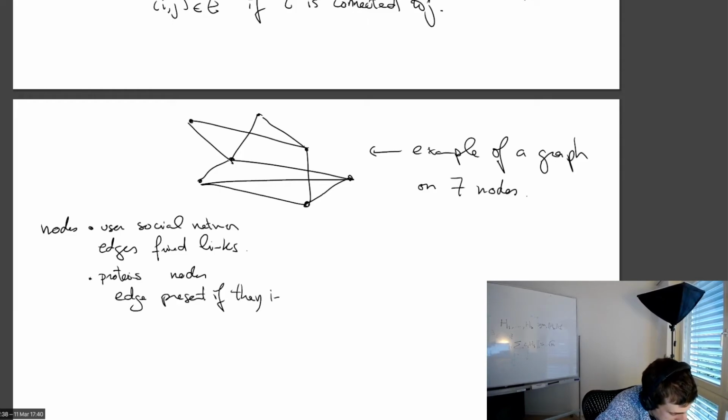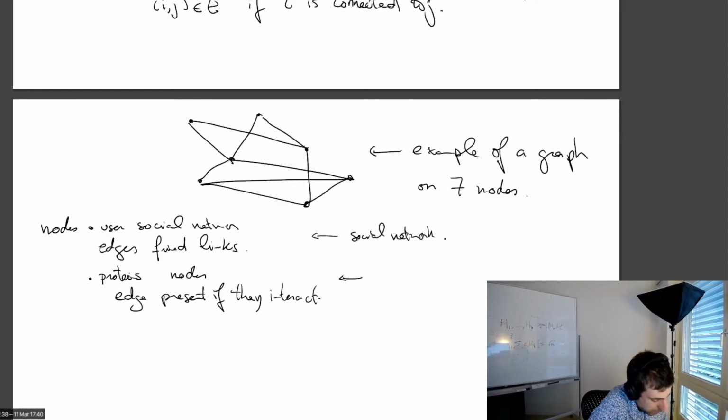This is called a protein-protein interaction network. And there are many examples, as you might imagine.